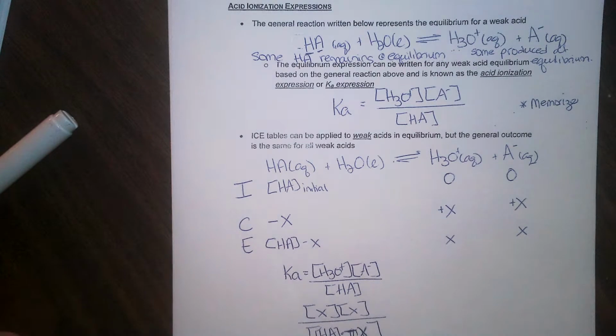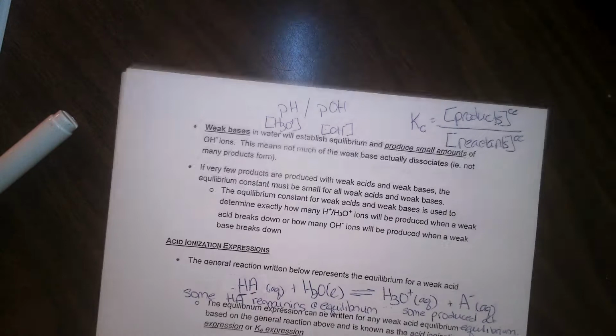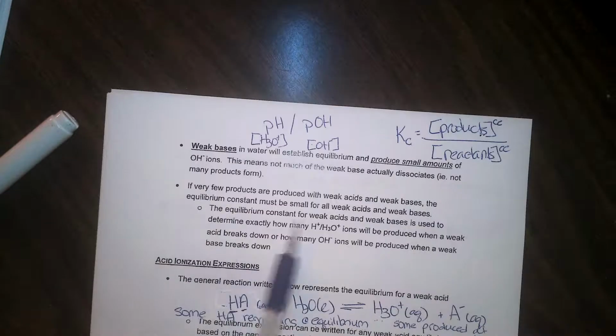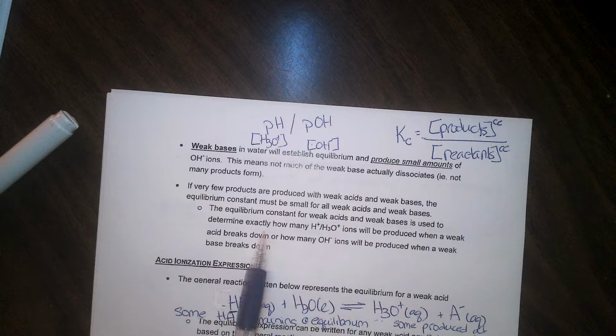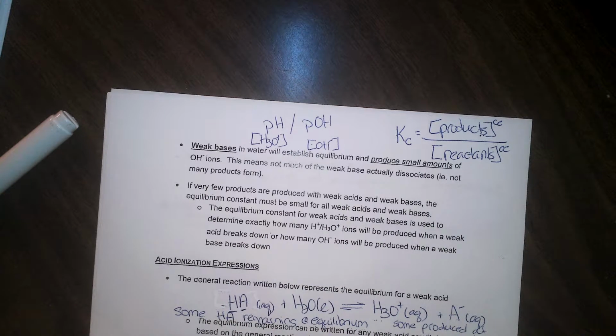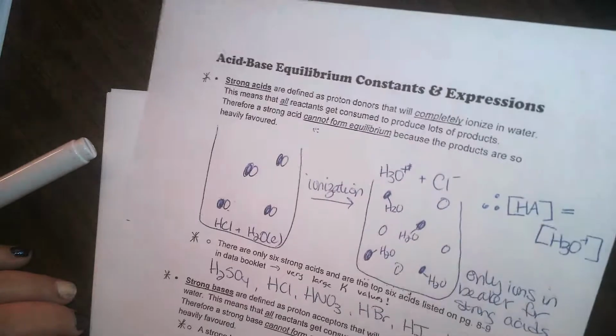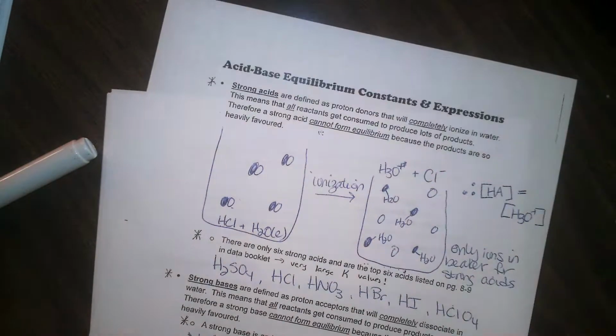What did we say up here? We said that the equilibrium constant for weak acids and weak bases is used to determine how many hydronium ions. No, that's not what I was looking for. We said somewhere that they would have a very small K value.